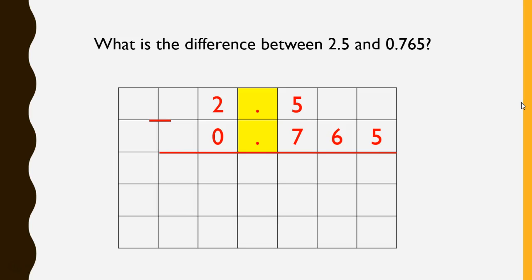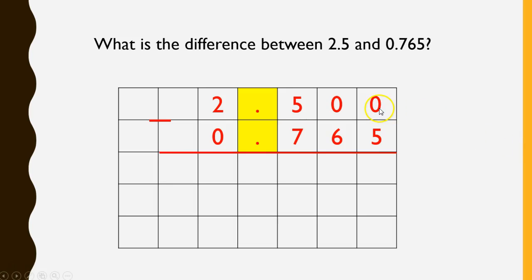It looks kind of funny because there's just blanks above these numbers. So what you want to do is just fill in the blanks with some zeros. Those are just placeholders. Then it looks a little bit easier, doesn't it? And then you're just going to simply begin to subtract like you would any other number.